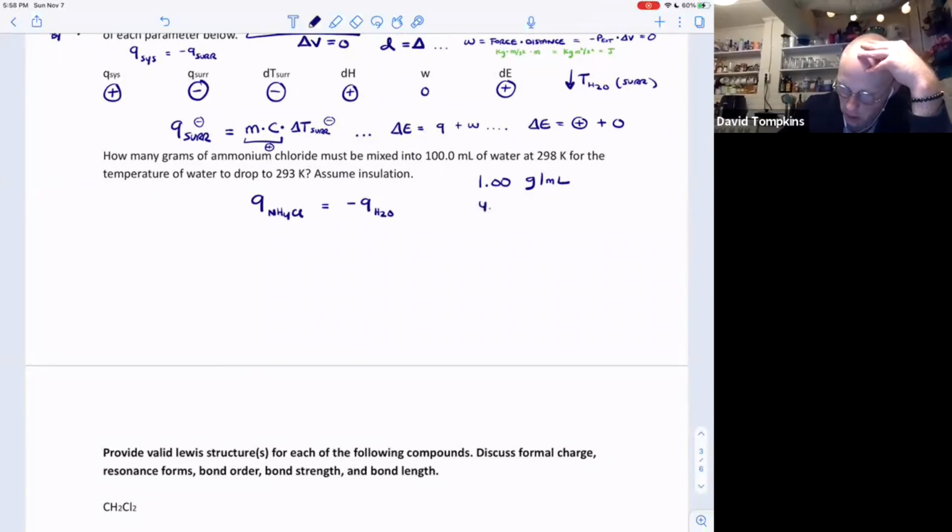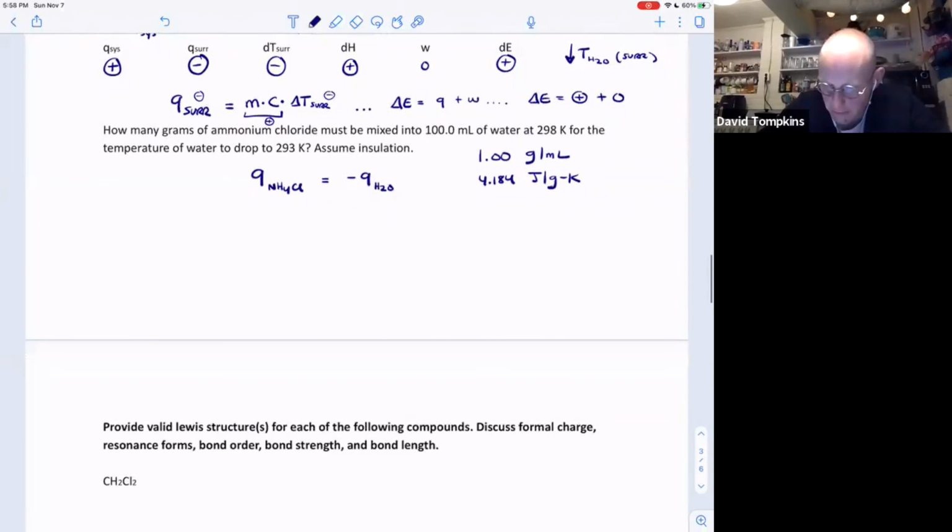We also know that water in the liquid state is 4.184 joules per gram degree Celsius, which is the same as per gram degree Kelvin. These two values are things you should commit to memory for water. They may be given, but it's likely that they won't because we use them so commonly. So let's just figure out how much heat the water needs to give away if it's going to drop 5 degrees in temperature.